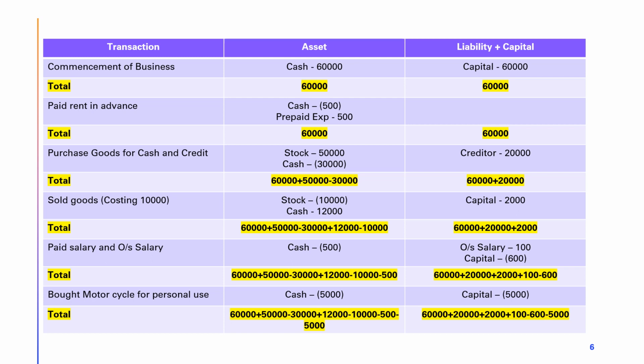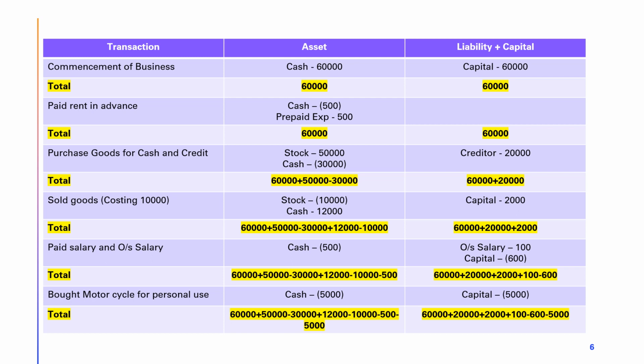Now if you notice, liability plus capital side is increased by 100 rupees whereas asset side is reduced by 500 rupees. So overall there is a gap of 600 rupees on both the sides. Now this gap denotes expense which business has to bear in the form of salary in order to generate profit. So capital component is reduced with 600 to balance this equation.